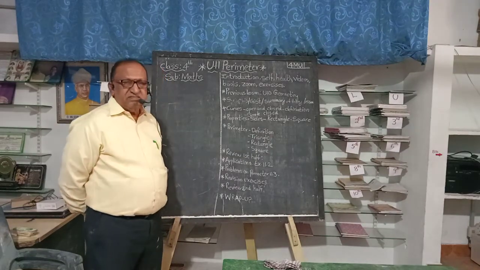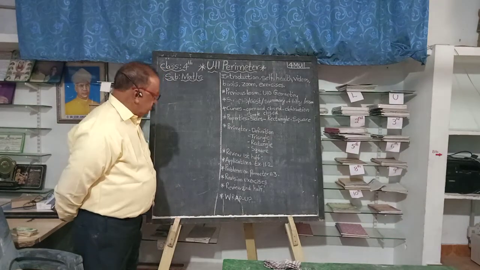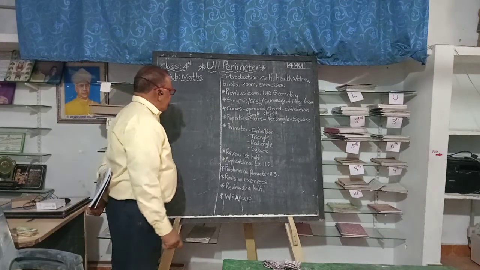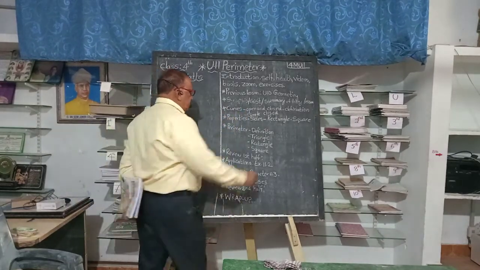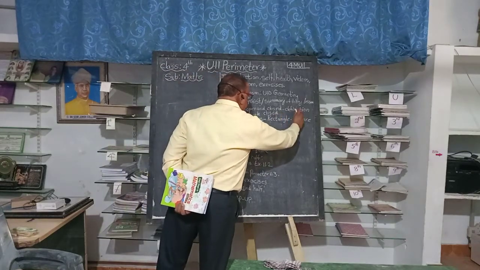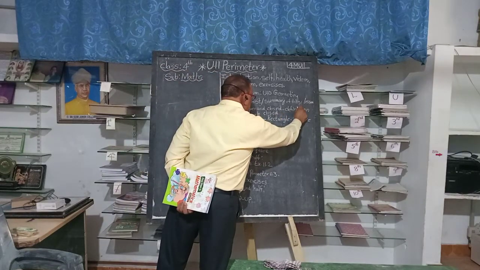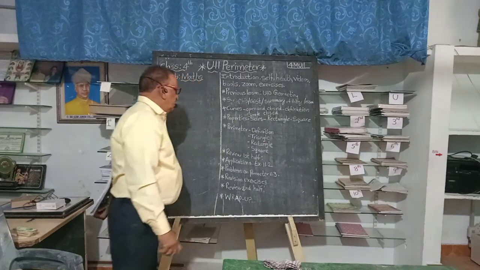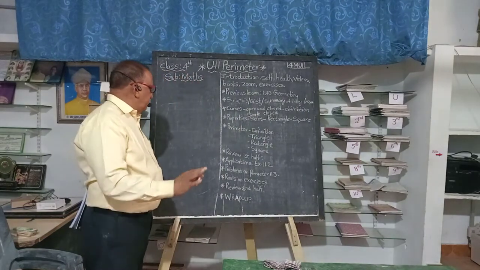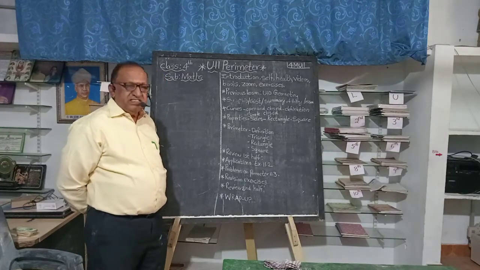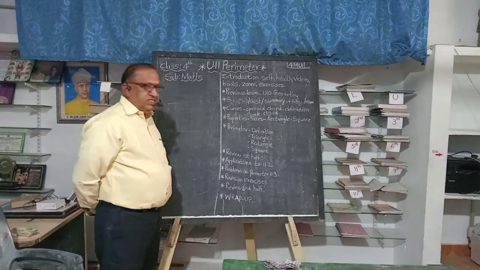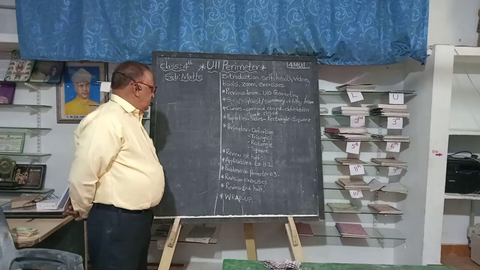In this class, I am going to explain about curves, open and closed curves, the definition, the simple closed curve definition, and again the properties of rectangle, square, what kind of properties we know.